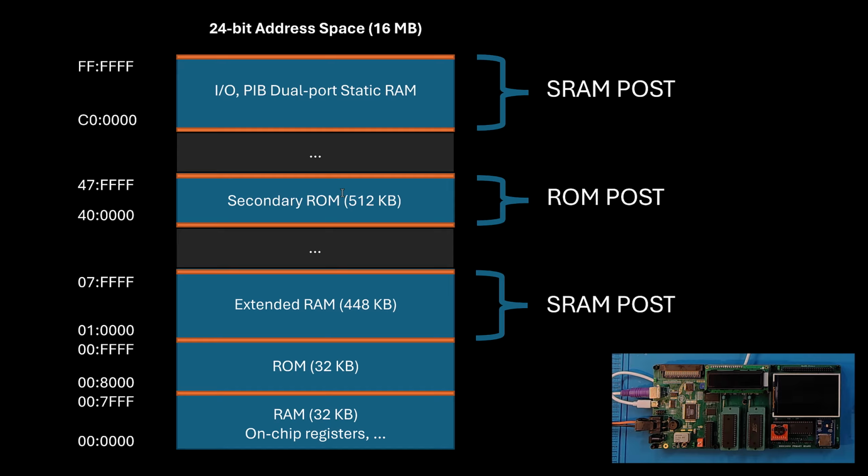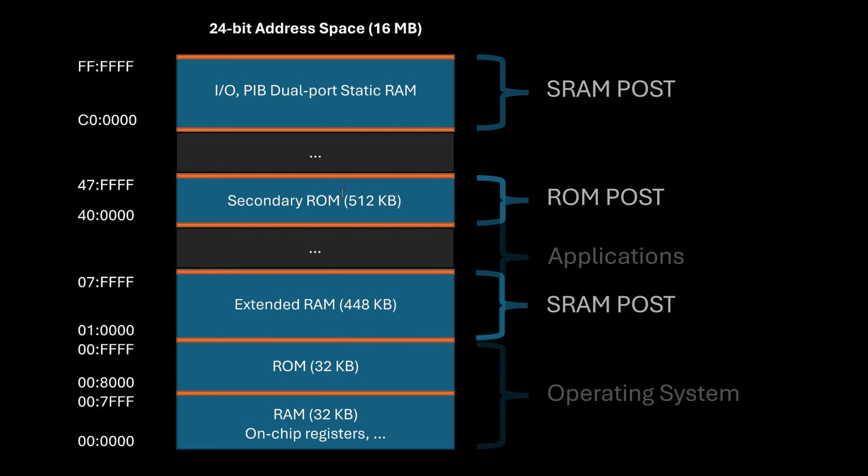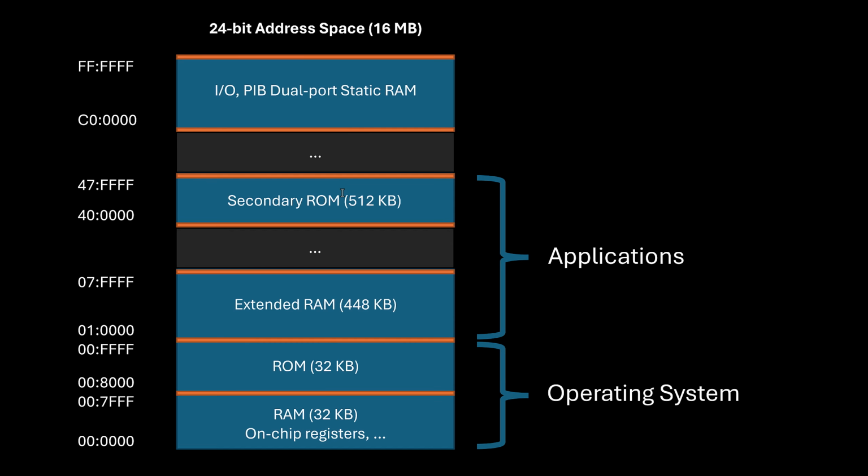So then I want to start thinking about this whole operating system applications thing. And the way I'm going to start approaching this is I'm going to use this initial 64K RAM and ROM combination for my quote unquote operating system. And then for now, I'm going to say that the secondary ROM, I'm just going to reserve for applications.